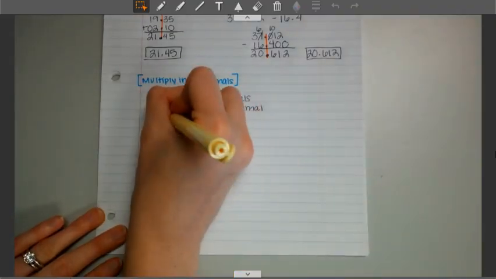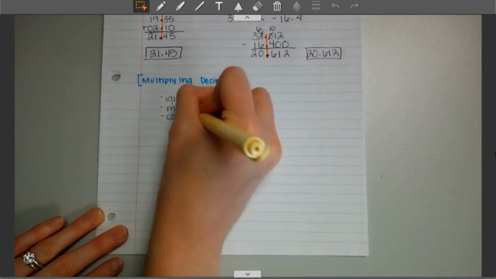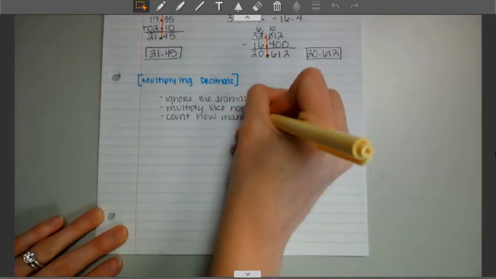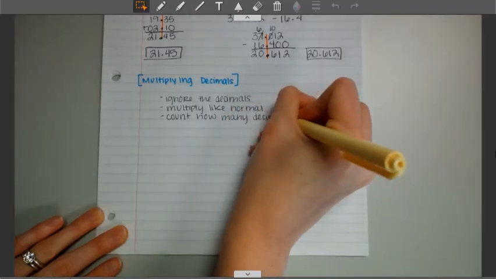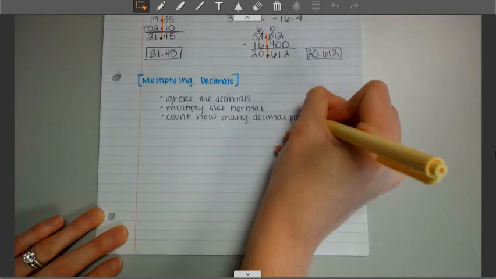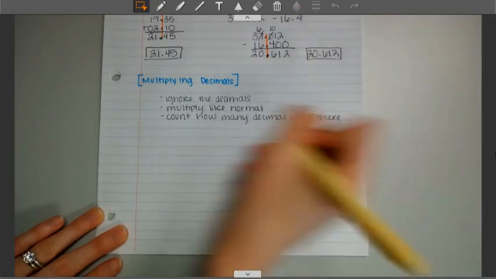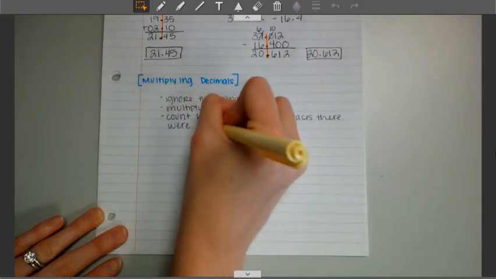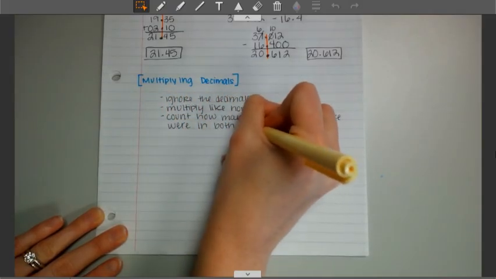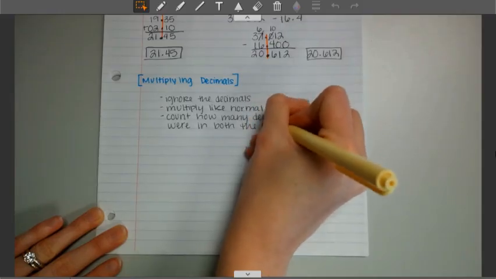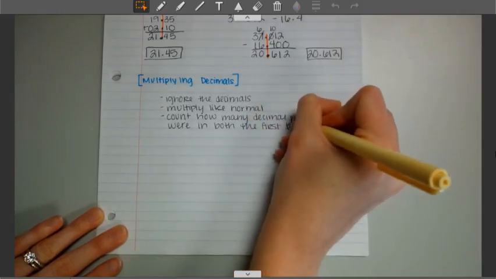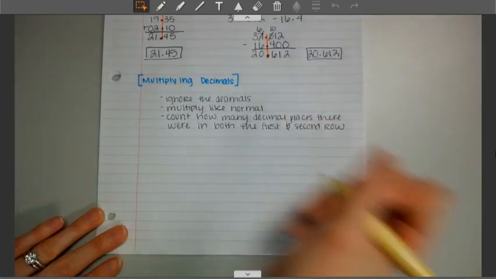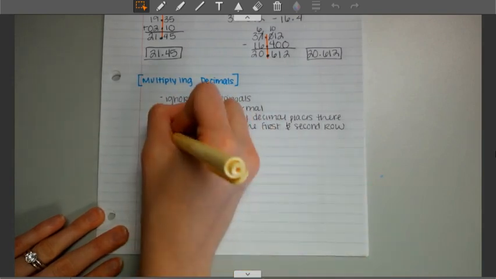Then you are going to count how many decimals there were, or how many decimal places there were in both the first and second row. And then you're going to move your decimal that many times in your answer.